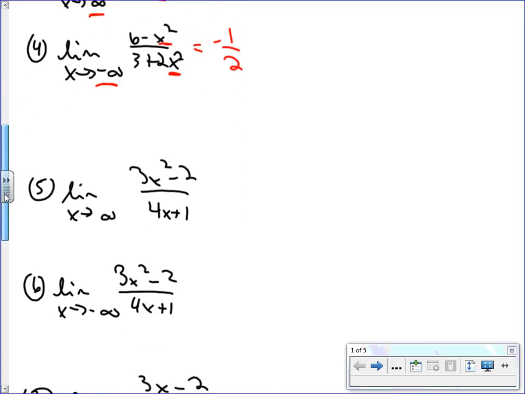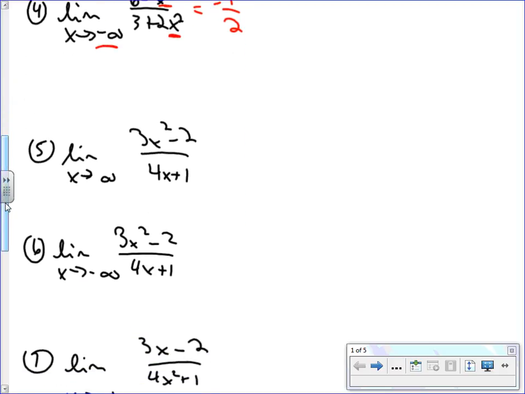Okay? If the degree of the numerator is bigger than the degree of the denominator, then you have what's called unbounded behavior. This is going to go off to either positive infinity or negative infinity. Technically, this answer does not exist, whether it's positive infinity or negative infinity.